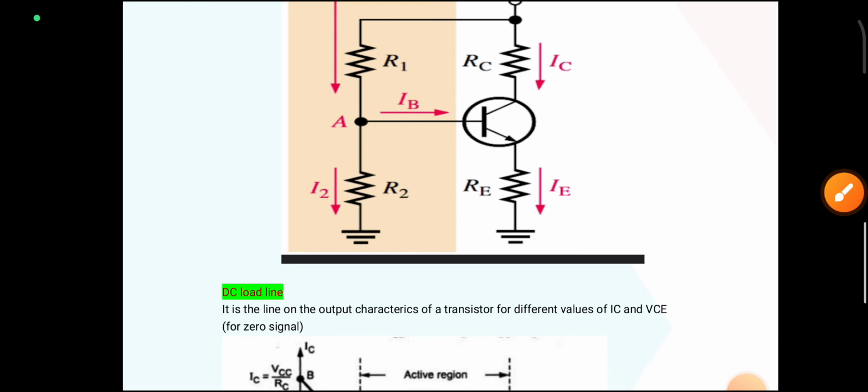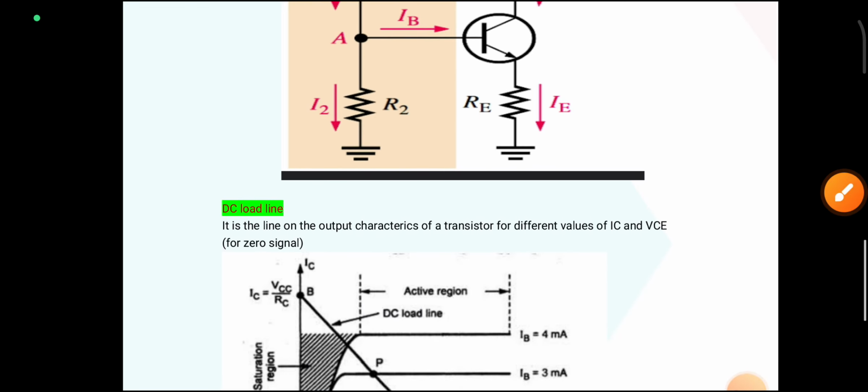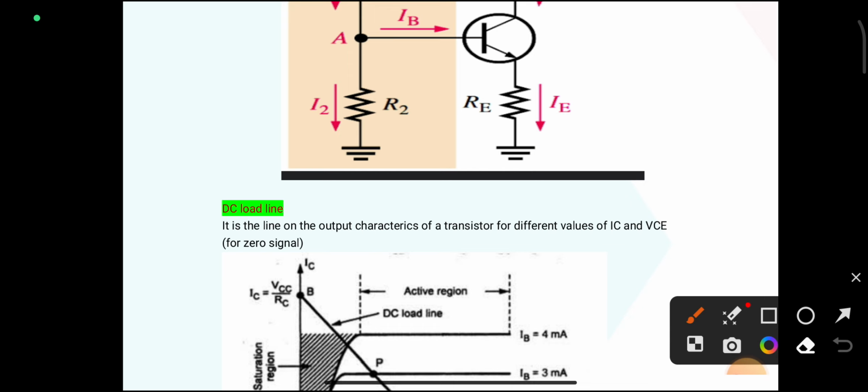Okay, next the DC load line. This load line can be represented in the output characteristics of the transistor. Here there is a relation between IC and VCE, collector current and collector-emitter voltage, for zero signal, that is, the absence of an AC signal.